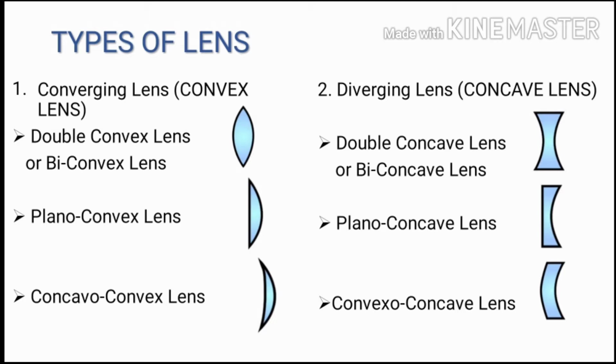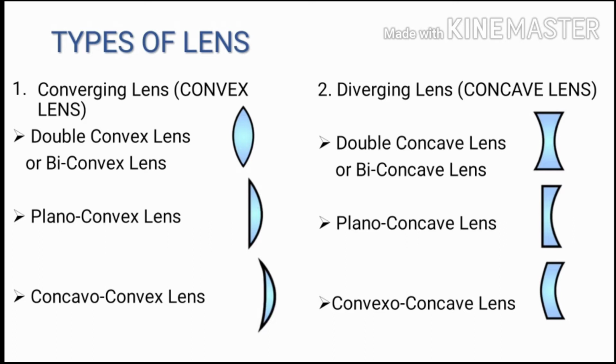We have three types of convex lenses: double convex lens or biconvex lens, whose both the surfaces are curved outward. We also have plano-convex lens, whose one surface is plane and the other surface is curved outward or convex.